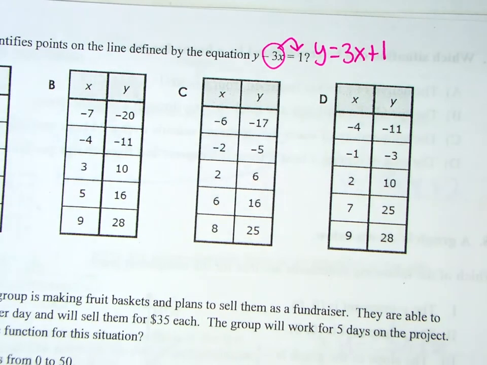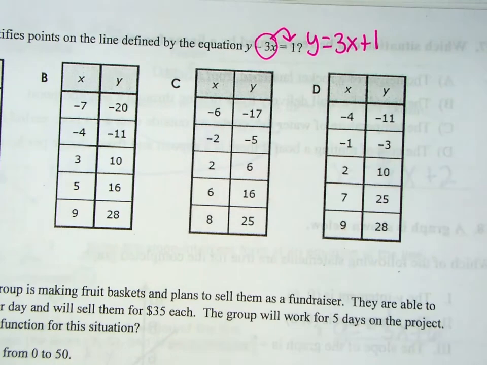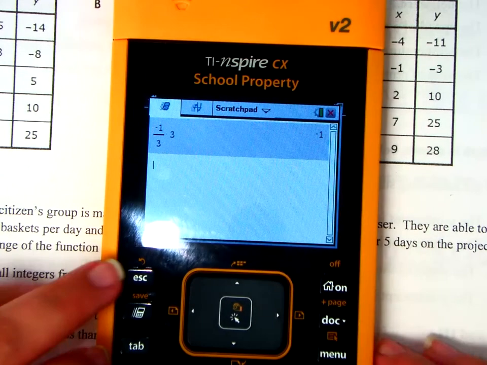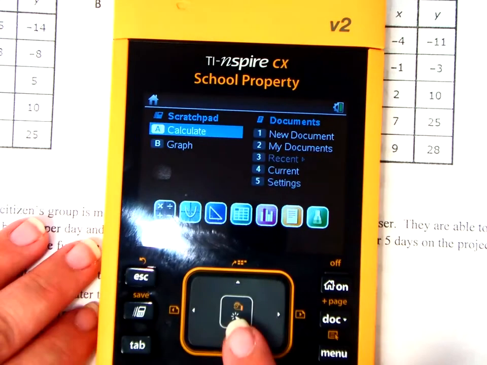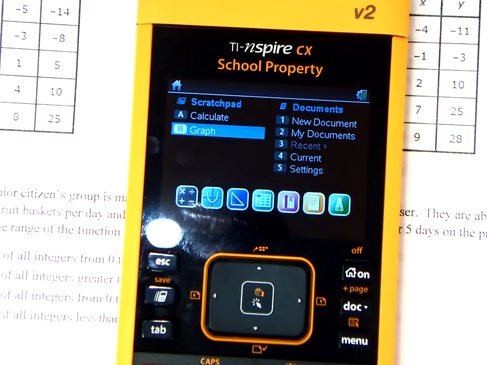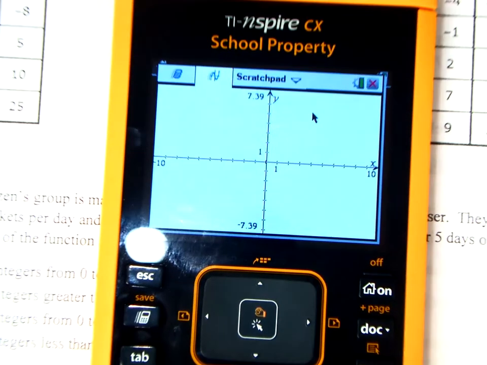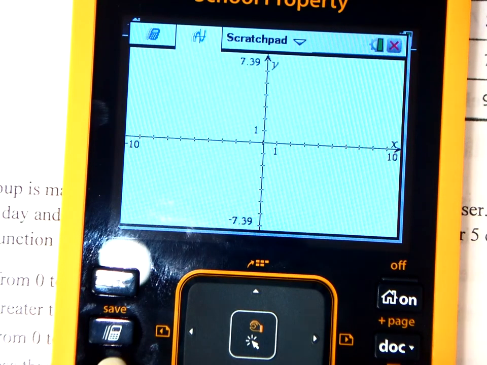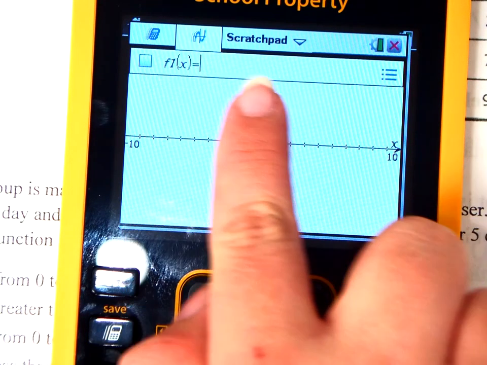I'm going to go to my calculator and I'm going to put this equation into the graphing part. So if I push the home button, graph is that second option right there. Now this is what my screen is going to look like. So push tab and now I have a new bar up top.